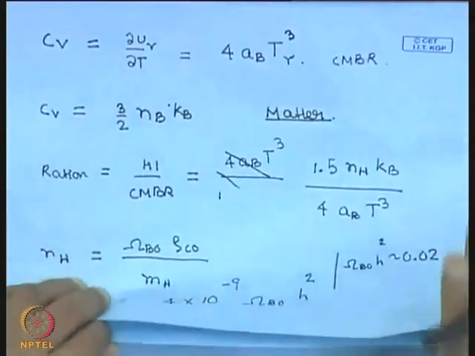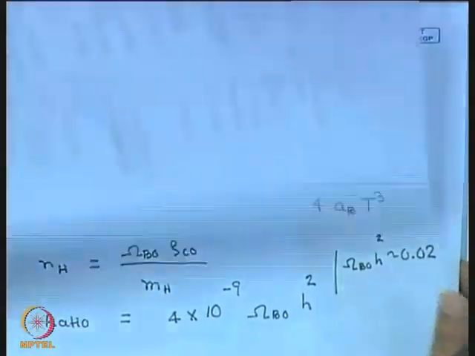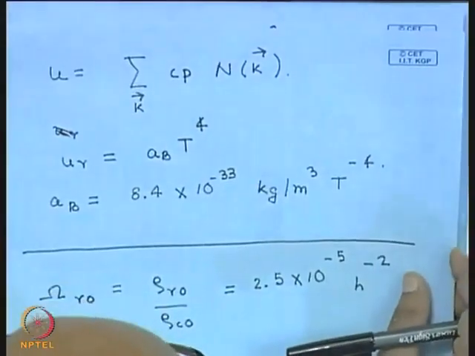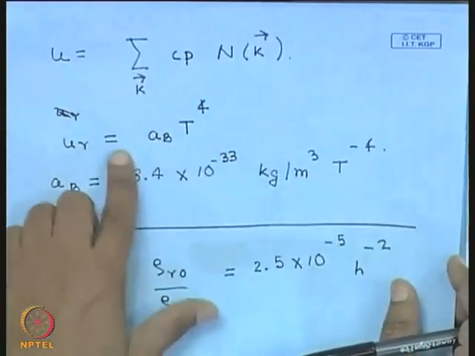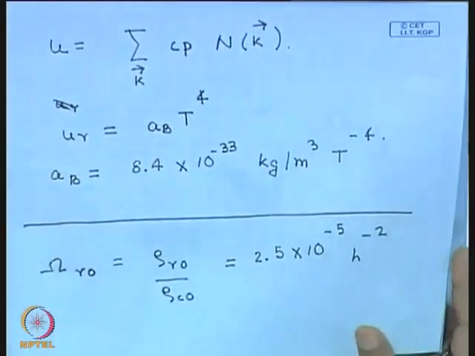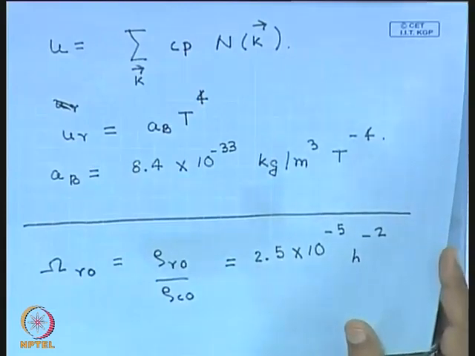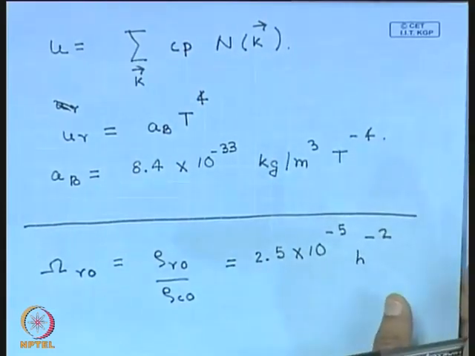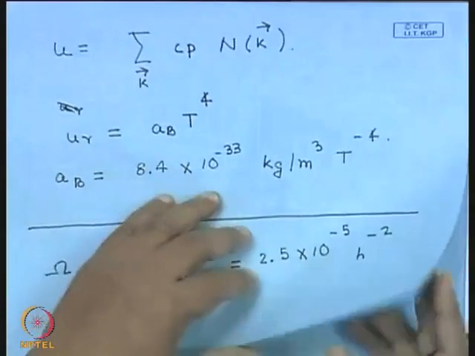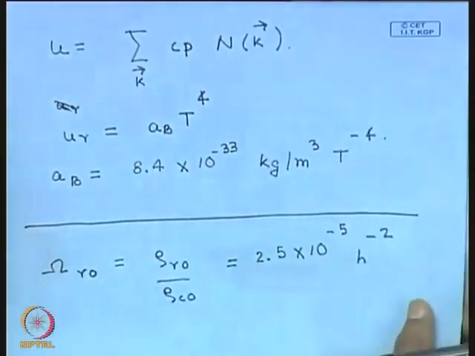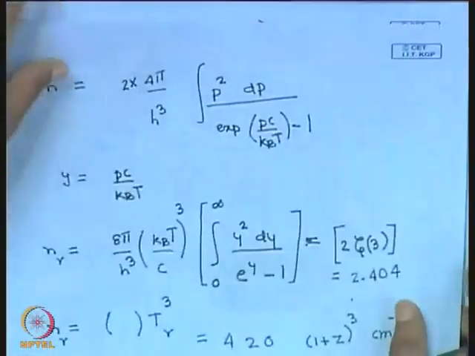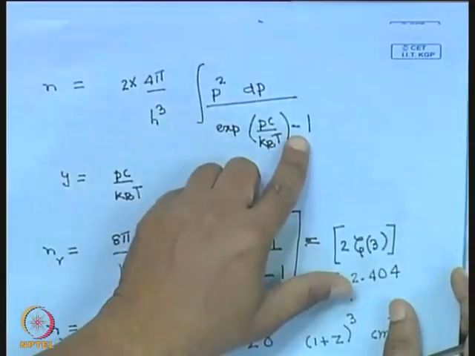Now, if you repeat the same exercise and calculate the energy density using fermions instead of bosons, with zero chemical potential, the difference would be that the occupation number would have a plus sign.